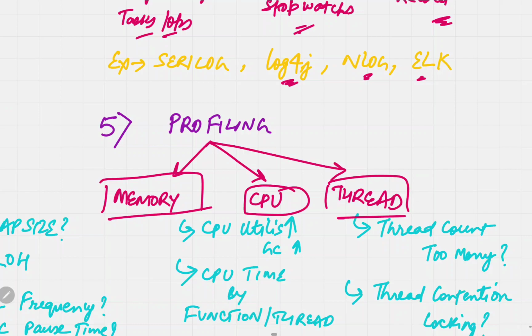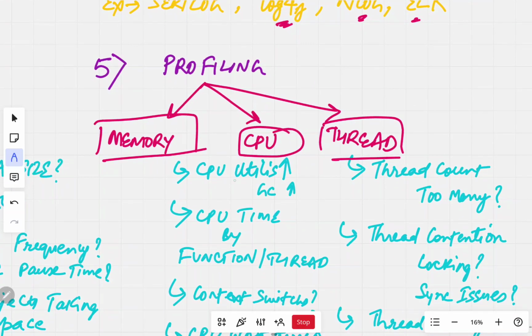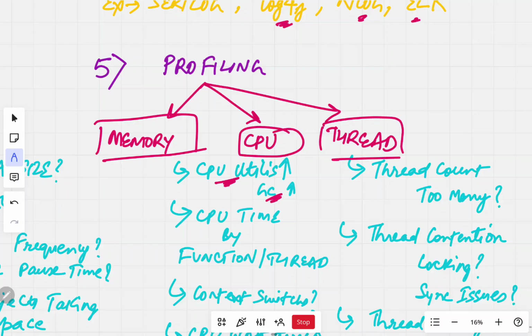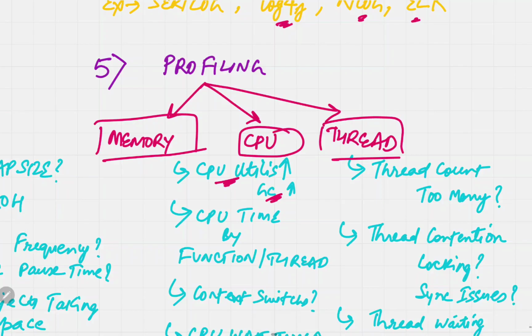Example, CPU utilization is increasing. Is it that garbage collection is running a lot, which is powered by the CPU? So we need to think why garbage collection is running more, or am I spinning up a lot of objects, something like this.